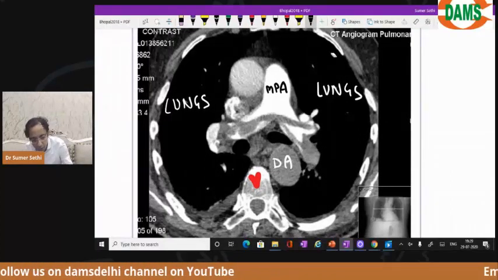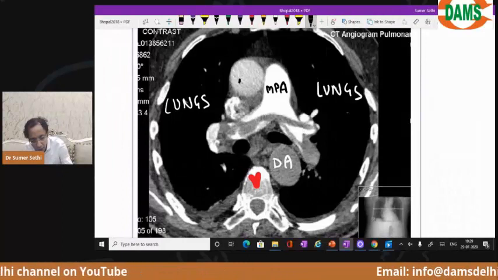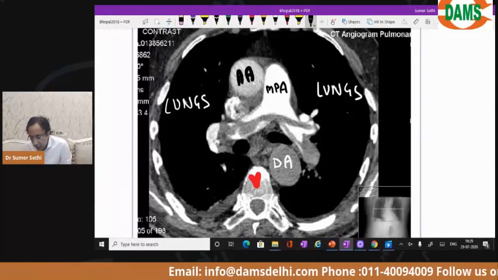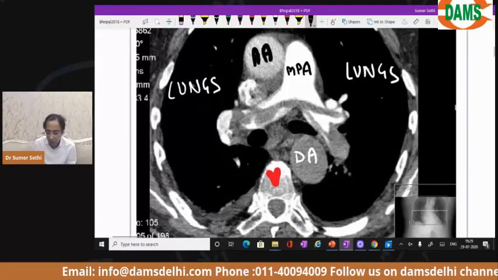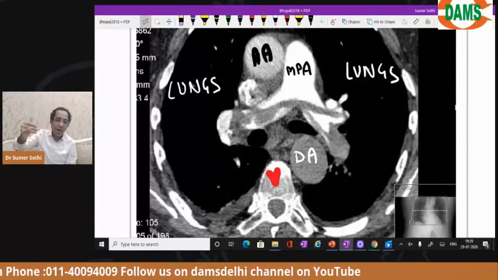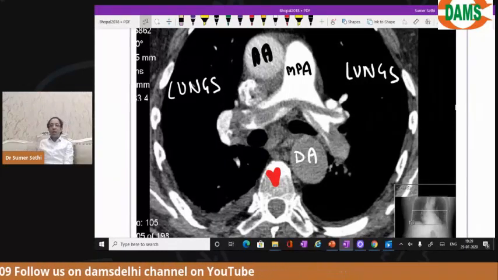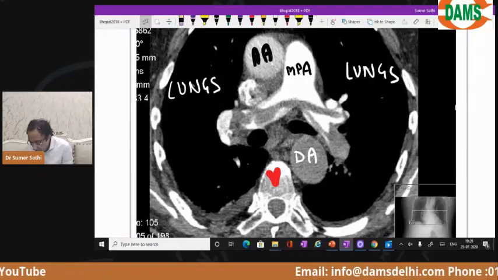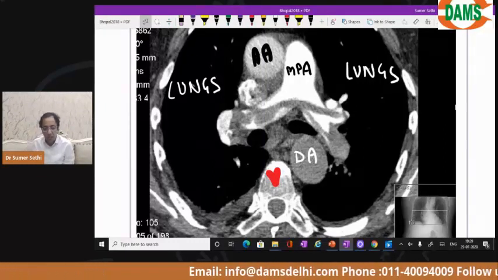Okay, should I repeat or are you able to gather? So, do you remember from your anatomy knowledge, I'm zooming the image so that everybody can see it on their phone. Ascending aorta is more anteriorly placed. Descending aorta is right next to the vertebra. It is posteriorly placed. Okay. Now I want you to look at the image and tell me, where is the disease located?